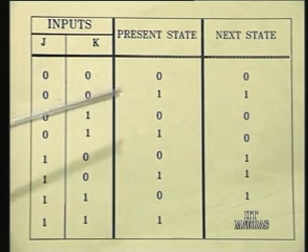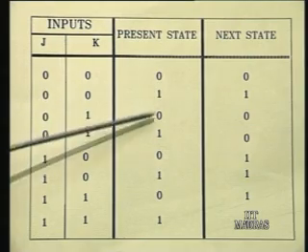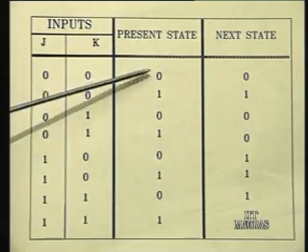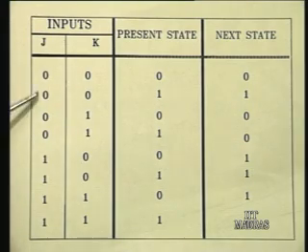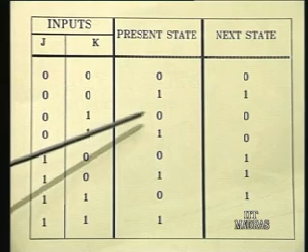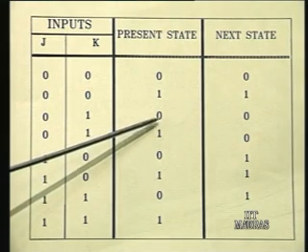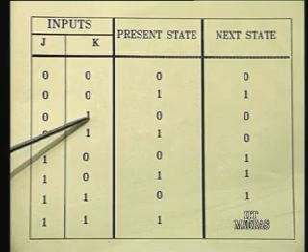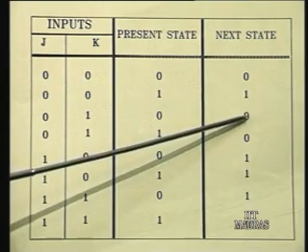Now, when the present state is 0, these are all the various possible things. Now take a look. If J and K both are 0, the next state is going to be 0. No change. Take the next case when the present state is 0. If you have J as 0, K as 1, what is the next state?